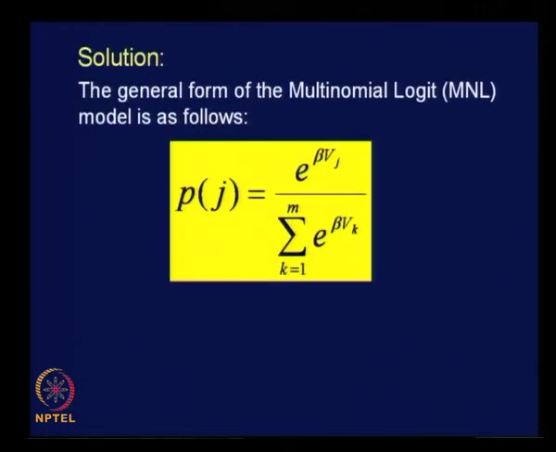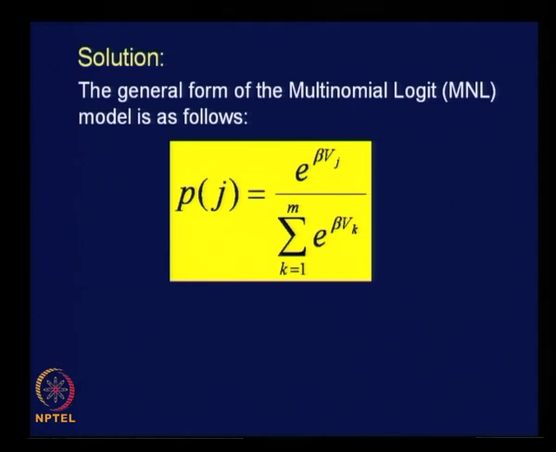The MNL model structure is given here. It is the same structure as we have seen earlier. The only difference is a symbol beta is introduced here. This is nothing different. This is just to indicate that the utility function Vj involves estimation of the parameters of the involved variables.